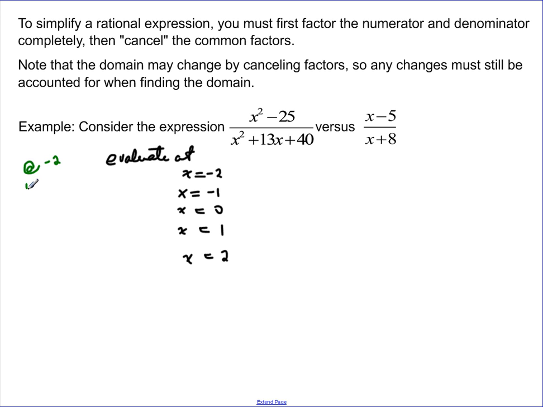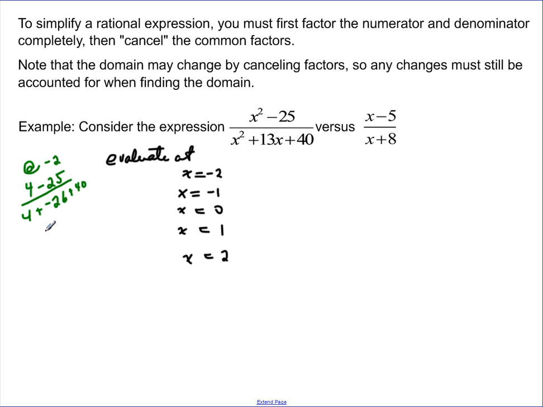At negative 2, I'm going to get 4 minus 25, right? Negative 2 squared is positive 4, divided by negative 2 squared, that's 4, plus 13 times negative 2, so that's minus 26, plus 40.